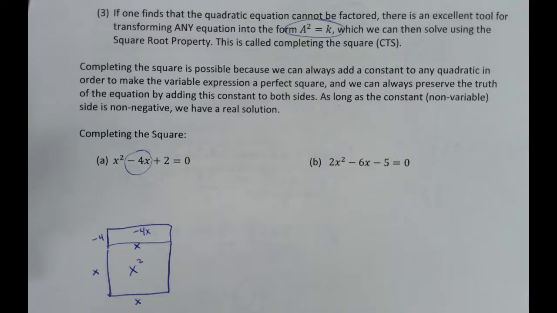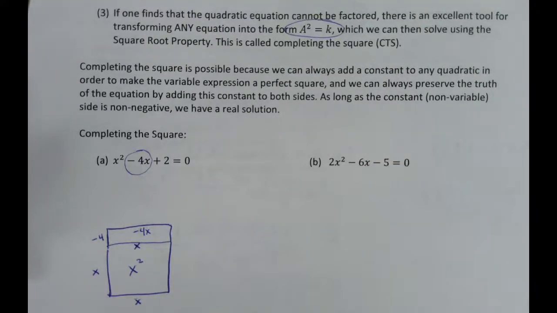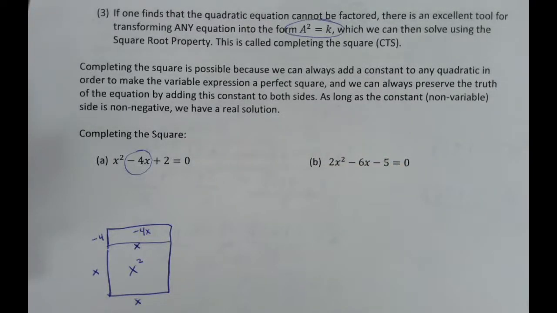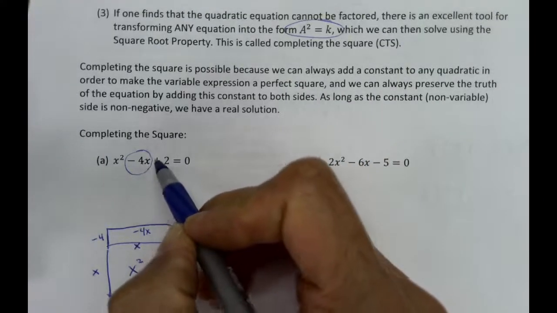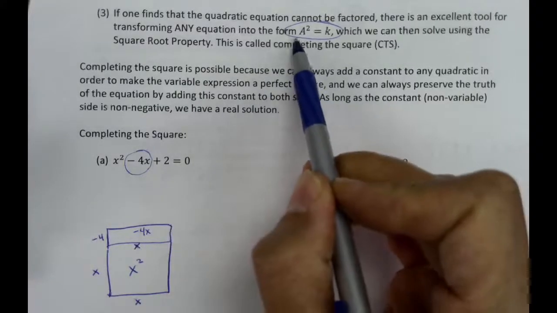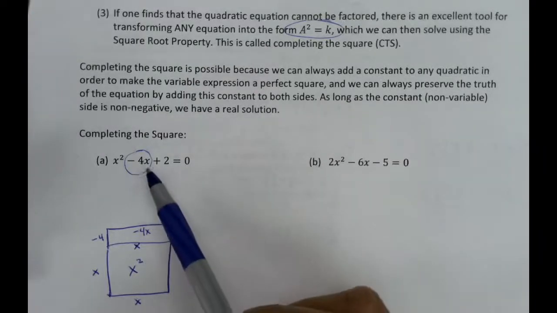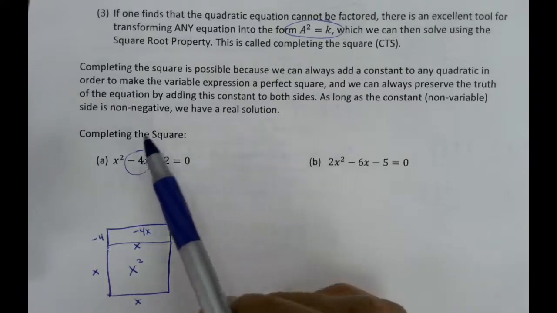It's not a square. So how do we complete this square? Well, first, remember, I mentioned in another video that the nice thing about equations is I can add anything I want as long as I add the same thing to both sides. If I add x squareds or x's to both sides, I'm really just making it more complicated because I'll have to move the x back.